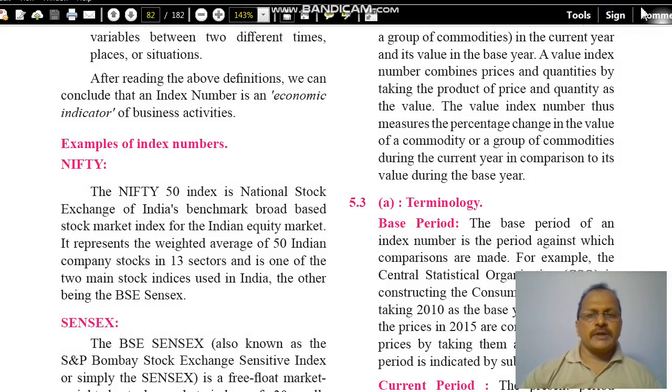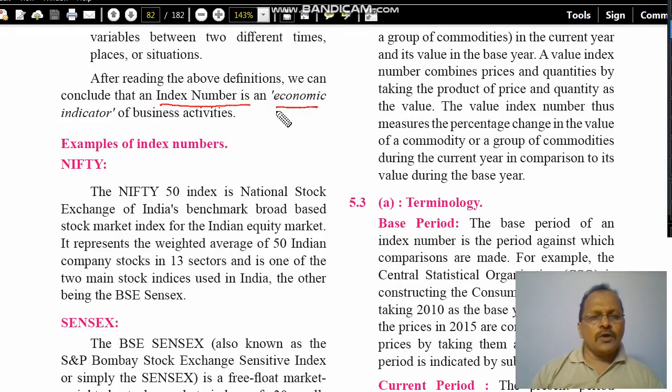Please remember that index number is an economic indicator of the business activities. Two popular index numbers you might have heard in news. First is Nifty, other is Sensex.